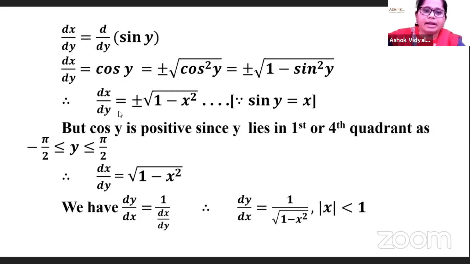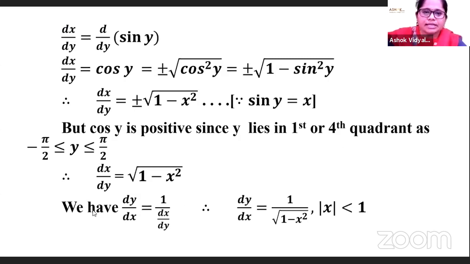Hence dx by dy is plus minus under root 1 minus x square. But cos y is positive since y lies in the first quadrant or fourth quadrant, as y lies between -pi/2 and pi/2. Hence dx by dy is under root 1 minus x square. It is positive because cos y lies in the first or fourth quadrant.